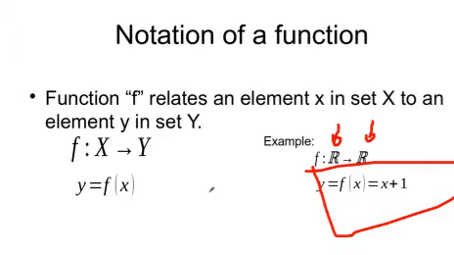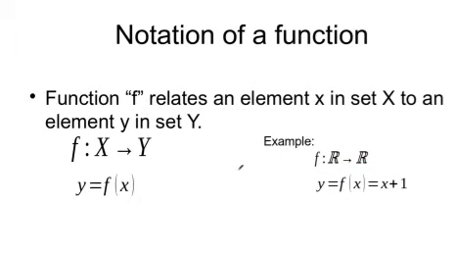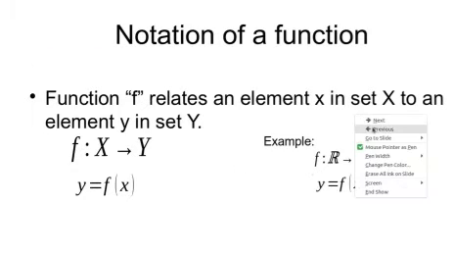In that case you have to define a domain, or in cases where you come up with your own functions, you have to define the domain. Domain means all the x values that this function is valid for.